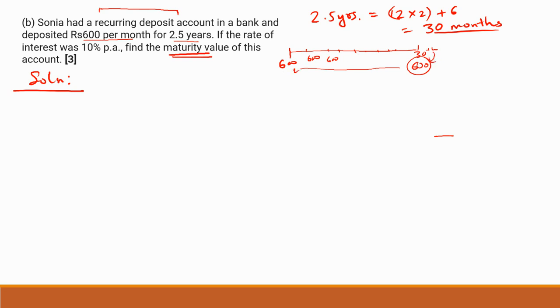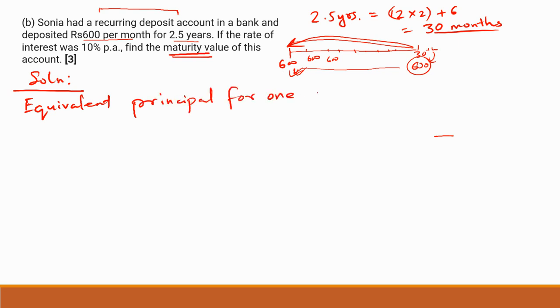But the first month when she deposited 600, it is getting interest for 30 months, right? So we have to find the equivalent principal for 1 month.